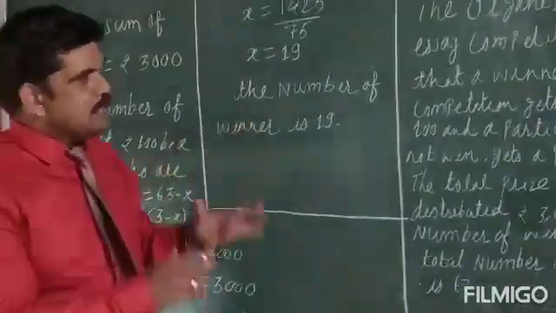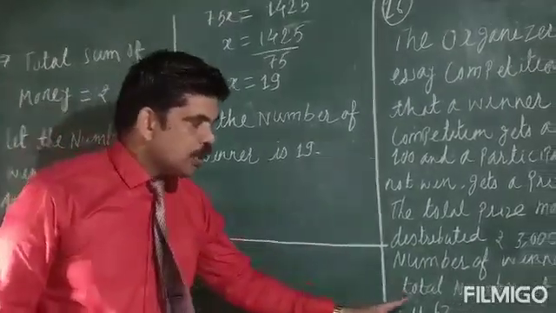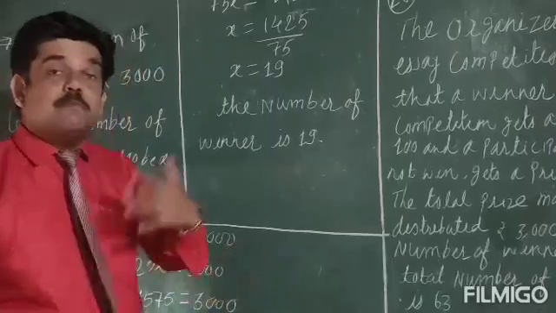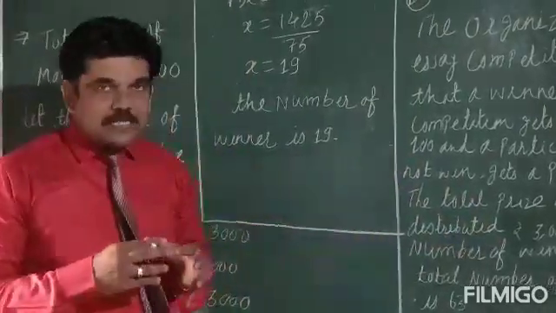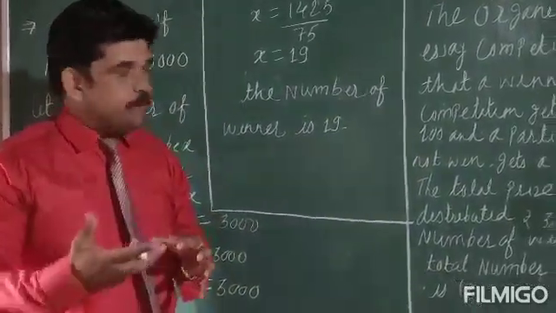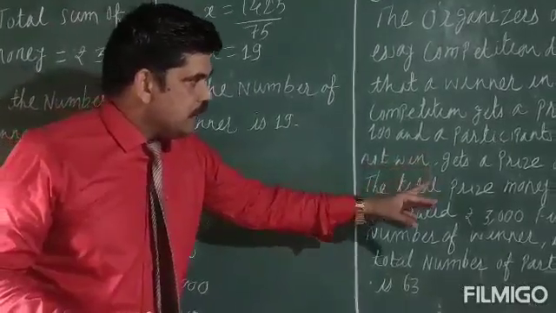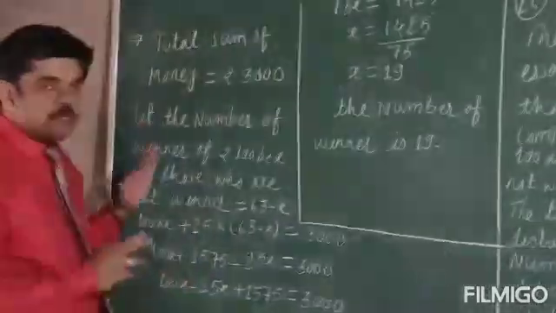So from this question, what things are given? Number one, the total number of participants is 63. The total money distributed is rupees 3000, and when a participant wins, he gets 100 rupees, and when he does not win, it is 25 rupees. According to this, we will write the equation.